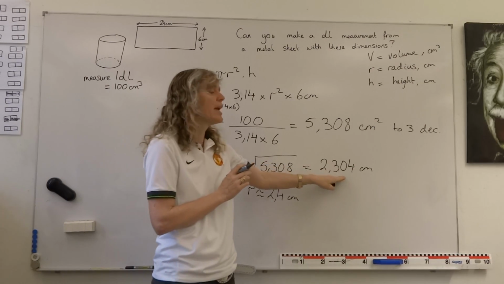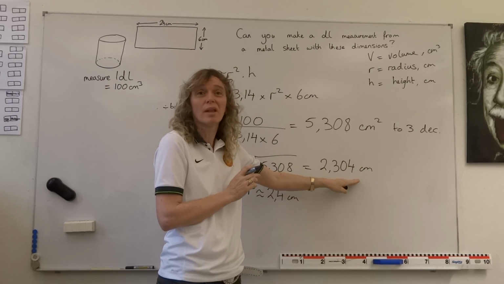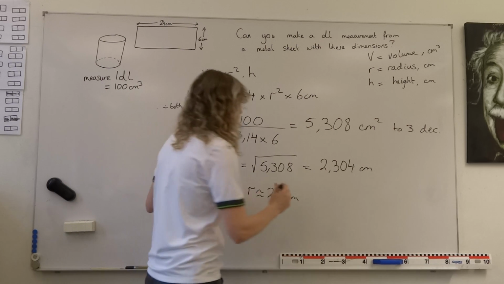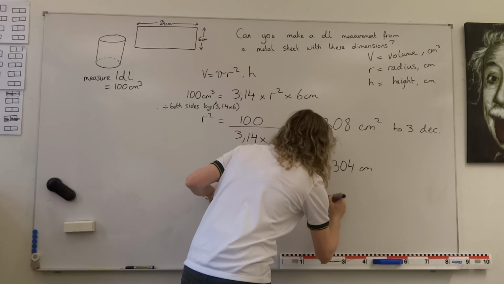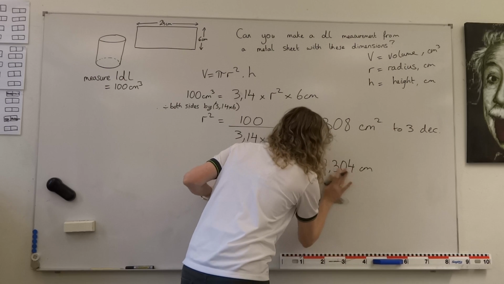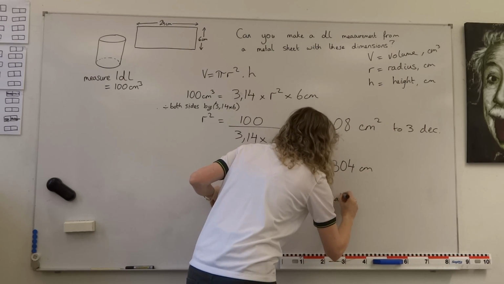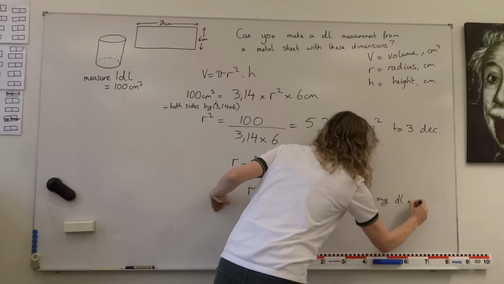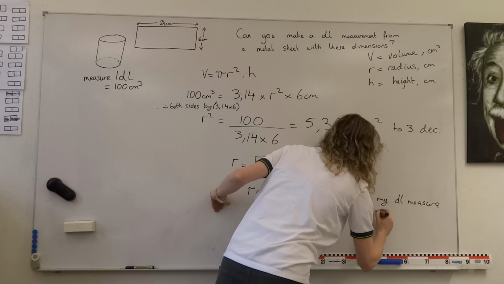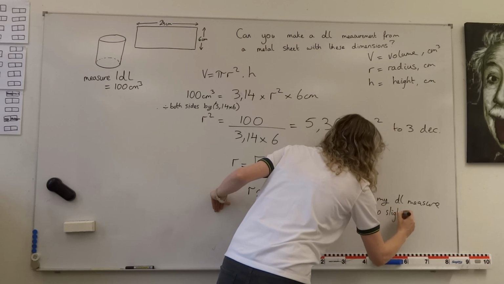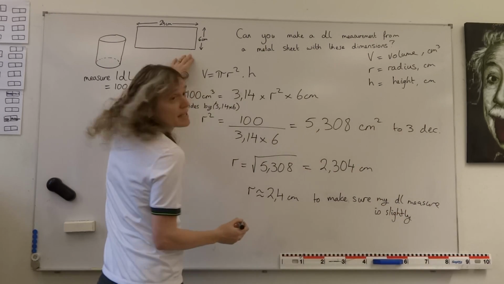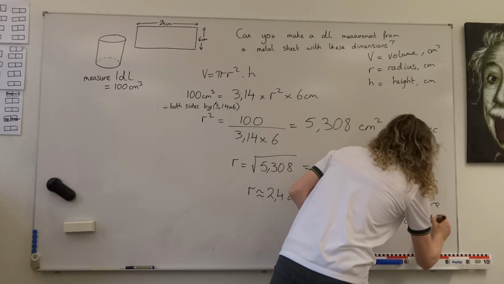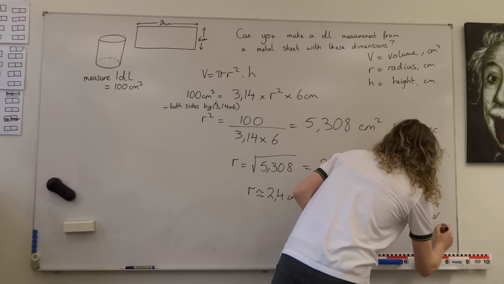If I do 2.3, it's actually going to end up being slightly smaller than 1 deciliter. So I'll keep my radius of 2.4 centimeters to make sure my deciliter measurement is slightly more than 1 deciliter. Because I know I can't go over 6 centimeters, so I can't increase that one. It's slightly larger than 1 deciliter.